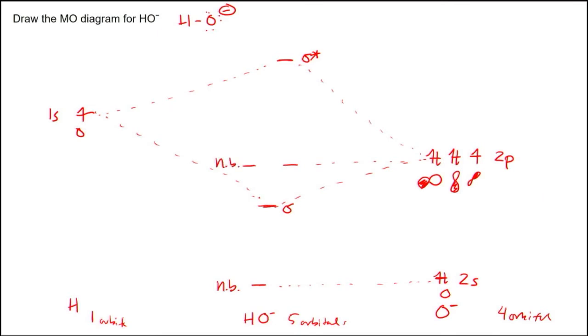So if I were to simply draw out what this looks like, this is a combination where I have the 1s over here, and then this is a 2p, and this one right here is simply the anti-bonding combination.